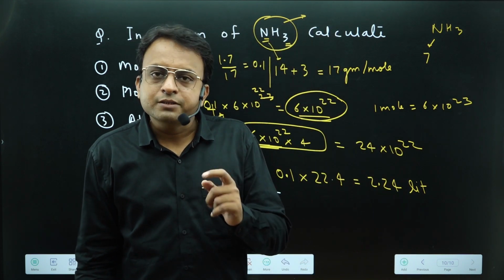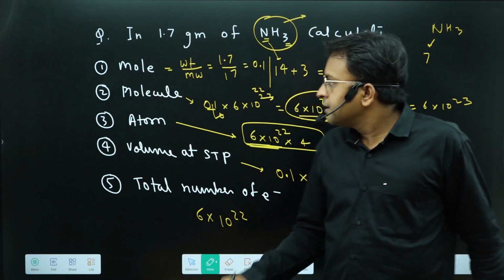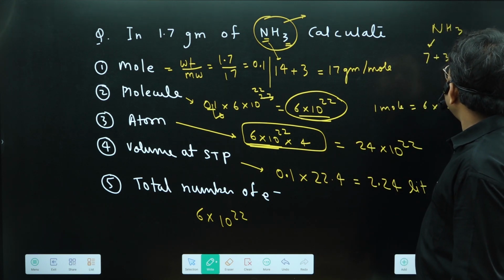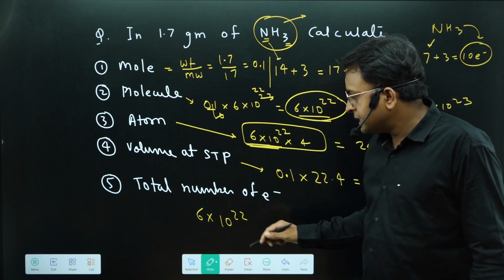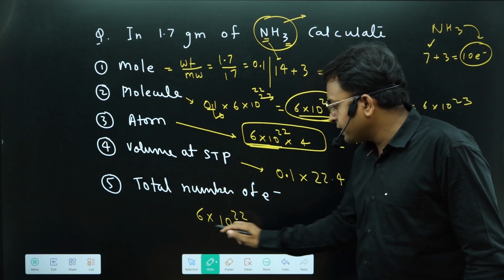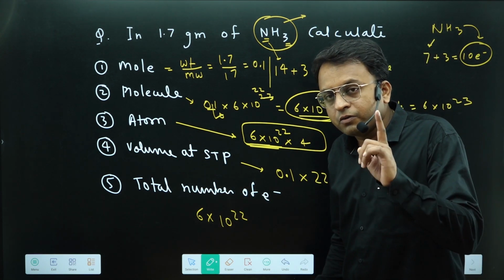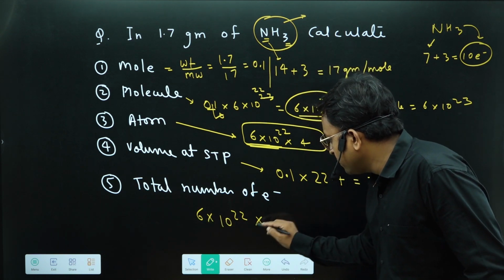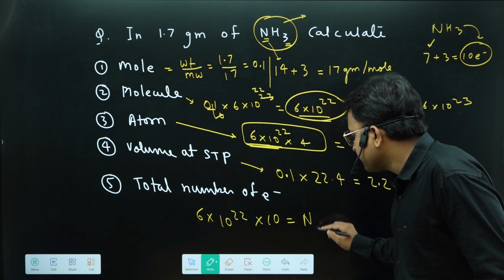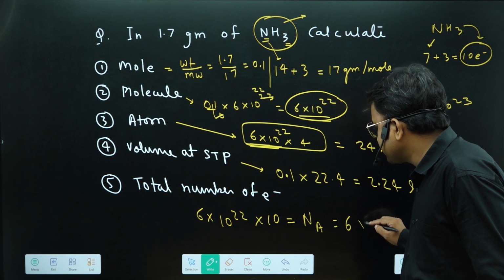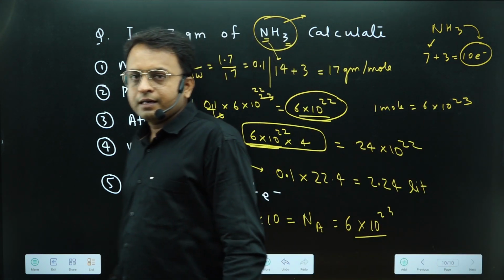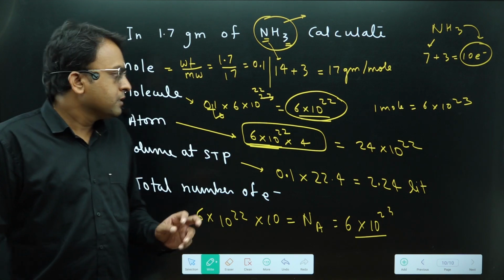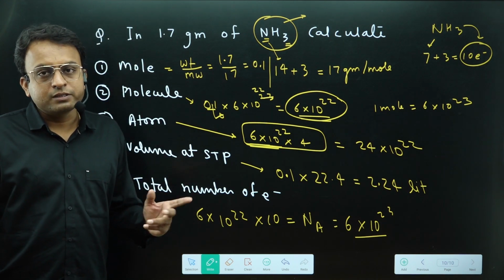That is why an atom is neutral. 7 plus 3, so 10 electrons. So one ammonia molecule has 10 electrons. So this many molecules have this many electrons, that is Avogadro number, 6 into 10 to the power 23. Likewise, you can solve the numericals of mole concept.